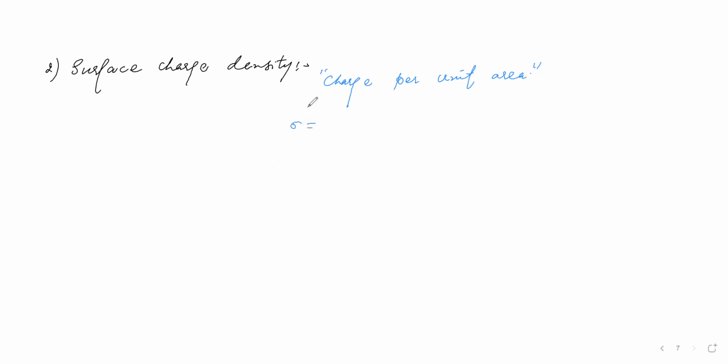Sigma is Q over S. This is your surface charge density.